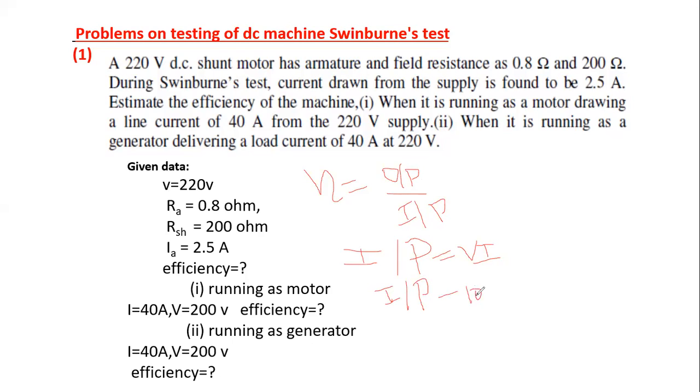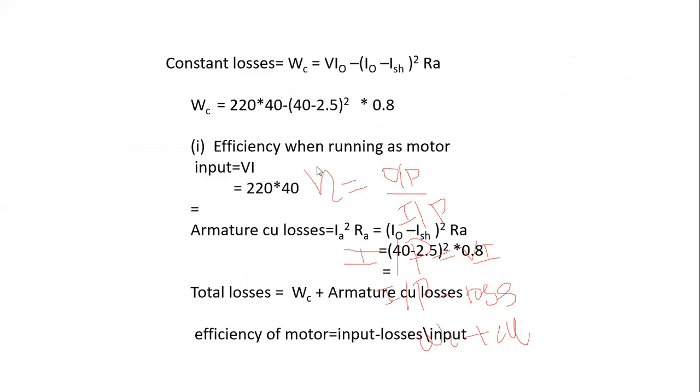What are the losses? That is constant losses plus armature copper losses. This is the formula for the efficiency of a motor.